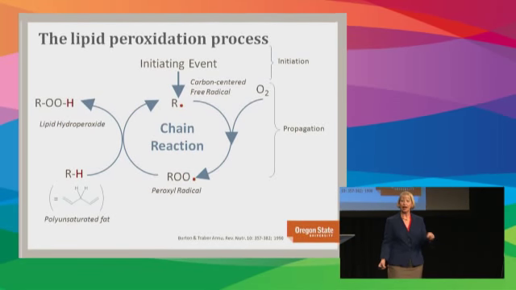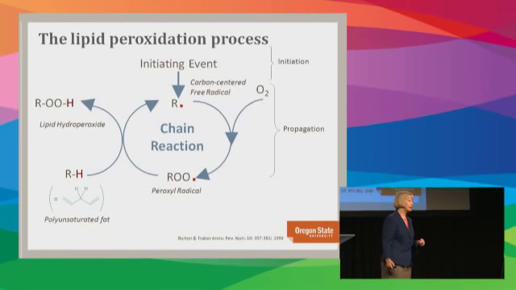That radical abstracts hydrogen from polyunsaturated fat. When that happens, you end up with a lipid hydroperoxide and another carbon-centered radical. When you get that second radical, now we've got a chain reaction going. Lipid peroxidation is dangerous because it is a chain reaction.